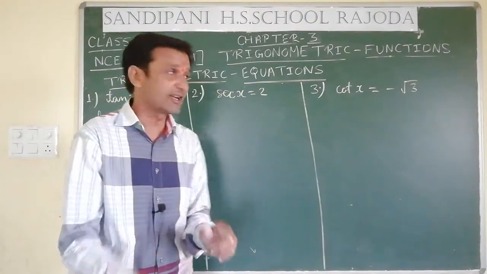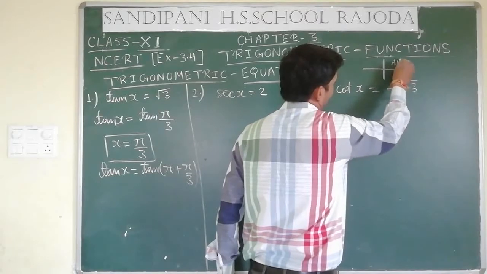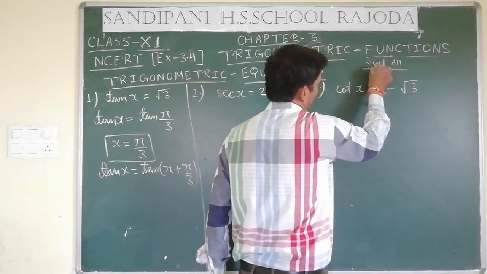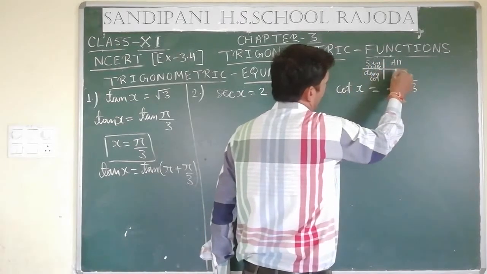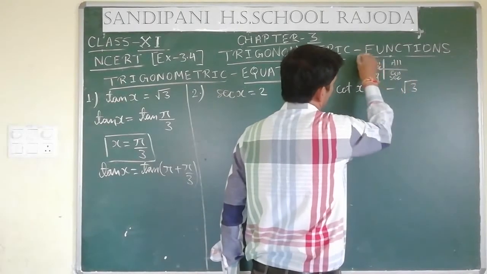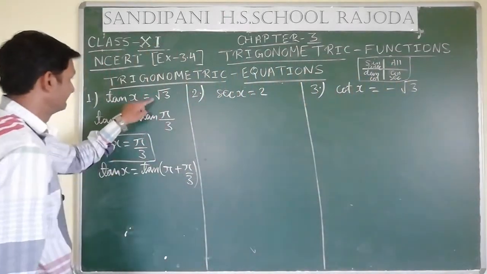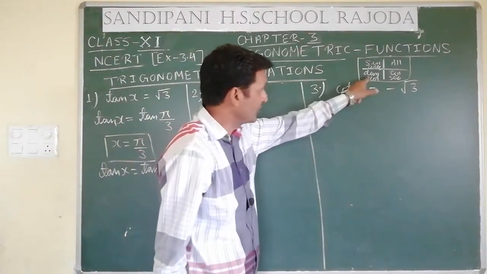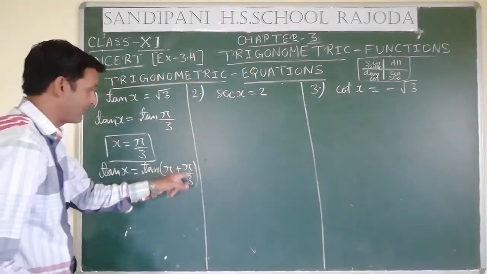All students take: here all are positive, here sine and cosec, here tan and cot, and here cos and sec. So this you have to remember always. This is the first quadrant value, but tan and cot are positive in this quadrant also. So tan x is equal to tan of pi plus pi by 3.